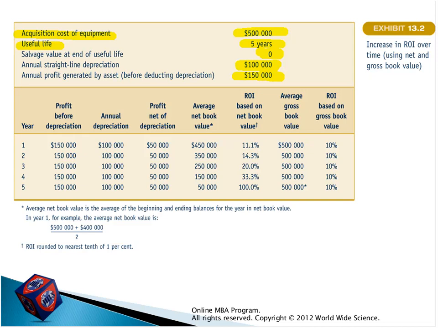And we're going to depreciate this expense, and the depreciation charge will be 100,000 every year, based on the straight line method. You remember the straight line formula: you take your cost, which is 500, and divide by the useful life of the equipment. So we get a depreciation charge of 100,000 every year. And this equipment brings us some profit, equal to 150,000 each year over the 5 years.